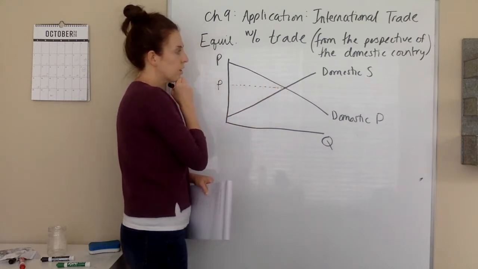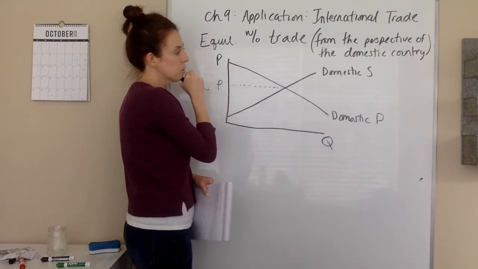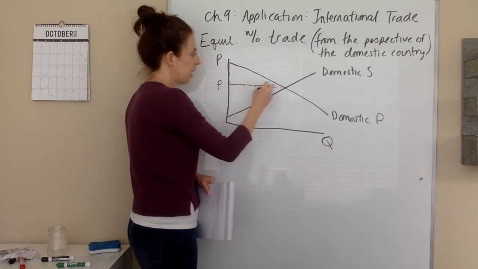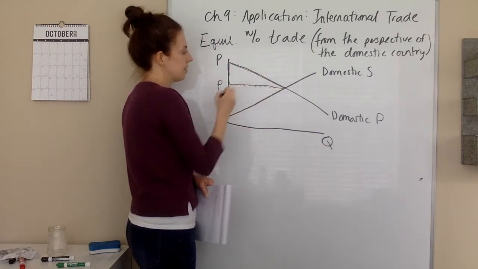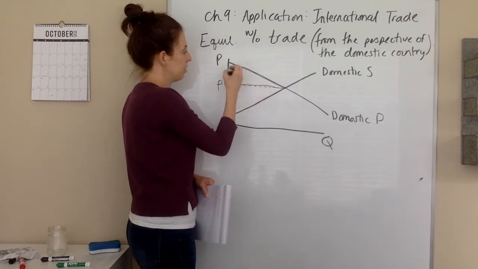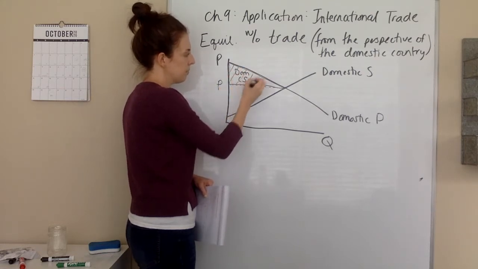And what we're going to get is that if there's no trade, then the consumers in this domestic market are going to have a surplus equivalent to the area of the triangle that sits above the domestic price and below the domestic demand. So this would be domestic consumer surplus, this whole area in here.